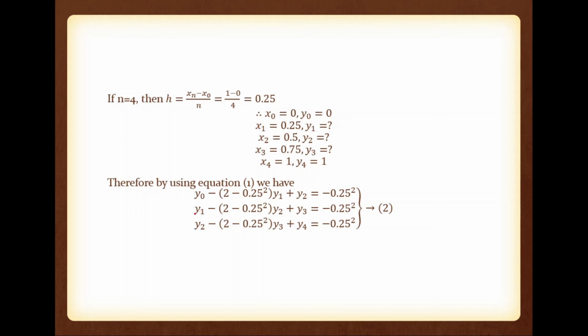Substituting i equal to 2, we have y1 minus (2 minus 0.25 square) y2 plus y3 equal to minus 0.25 square. Similarly, substituting i equal to 3, we have y2 minus (2 minus 0.25 square) y3 plus y4 equal to minus 0.25 square.